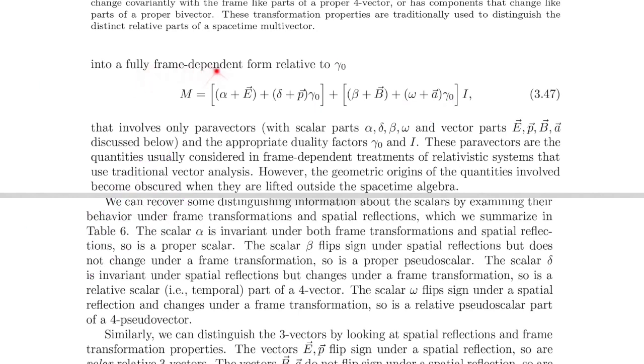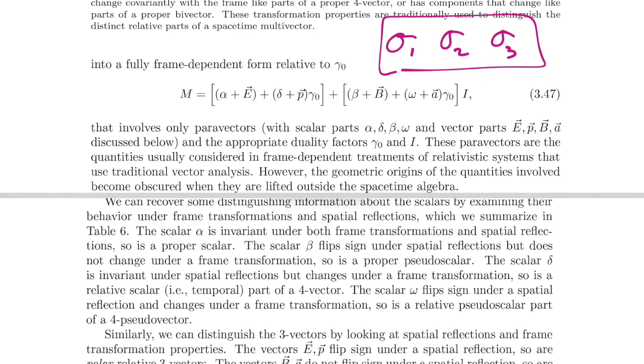And this is now a fully frame-dependent form relative to gamma 0. Everything depends on gamma 0. Gamma 0 not only is dependent here, but it's also buried in here too, because remember, the split between E and B heavily depends on gamma 0. Gamma 0 is what defines sigma 1, sigma 2, and sigma 3. You've got to get that gamma 0 right.